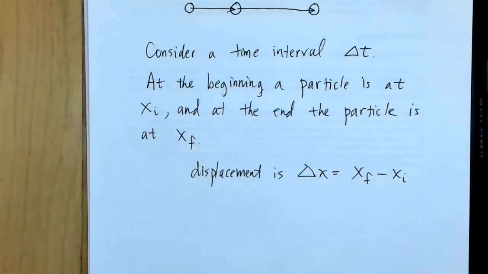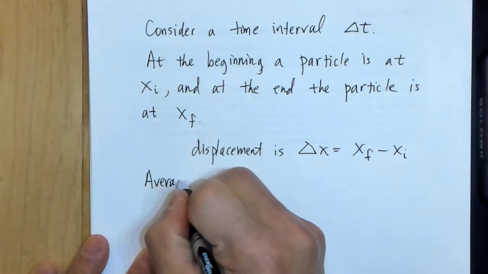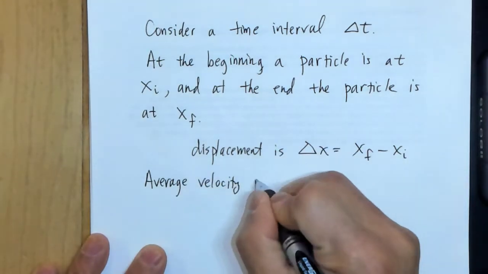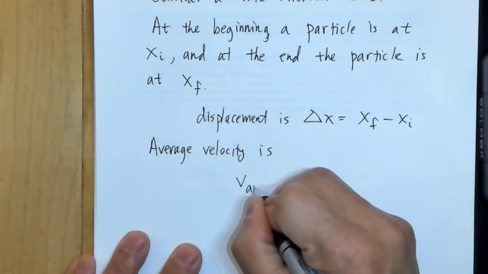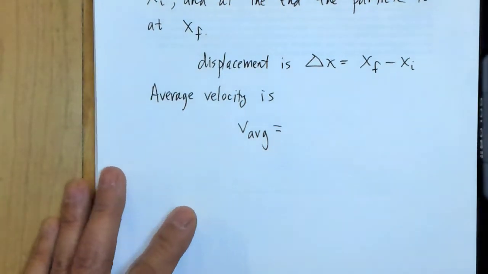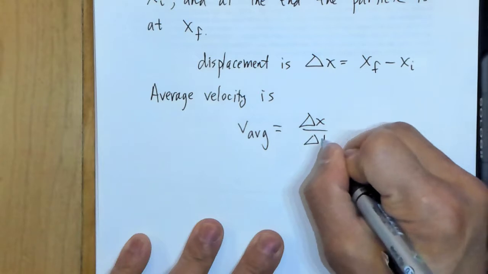The new thing I'm going to define is something called the average velocity. So the average velocity is, and I'm going to use the notation v sub avg, avg for average, and this will be delta x over delta t.